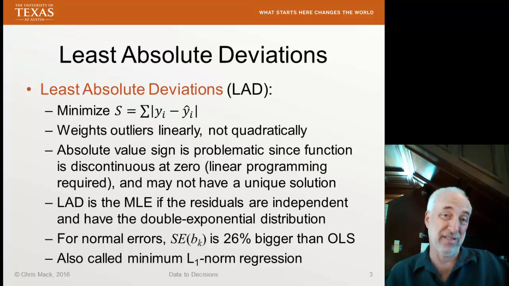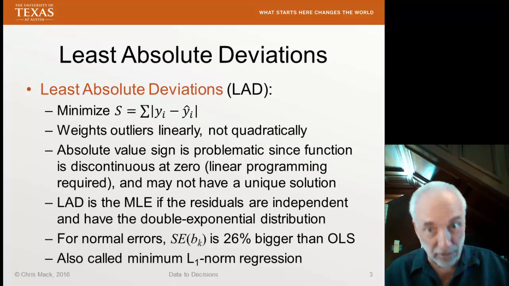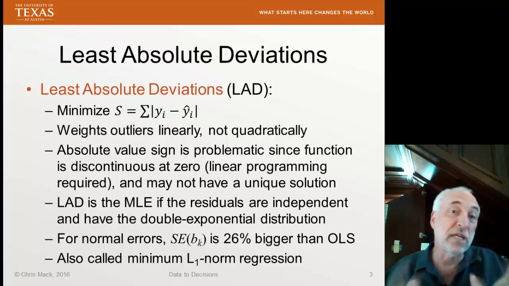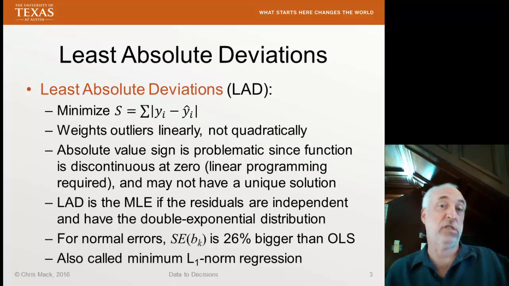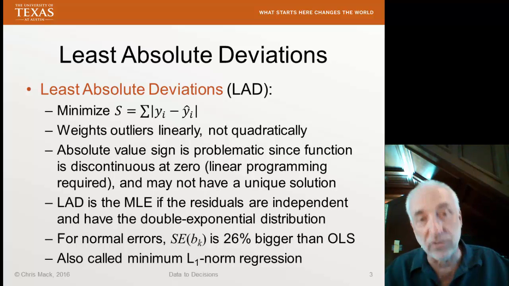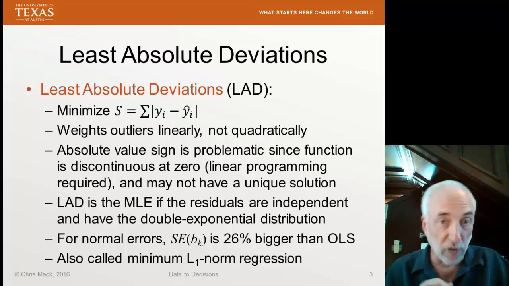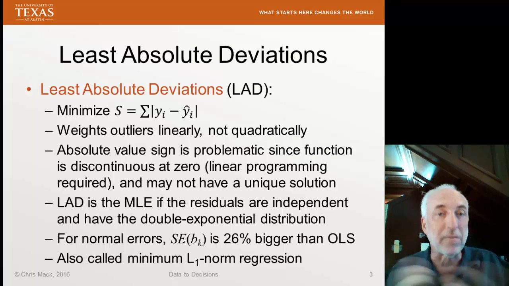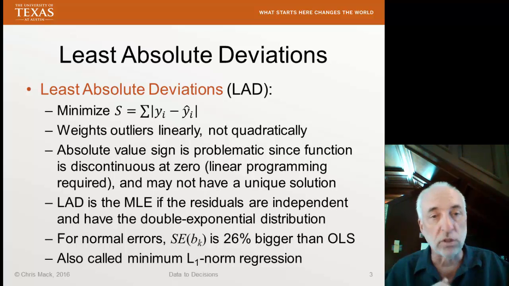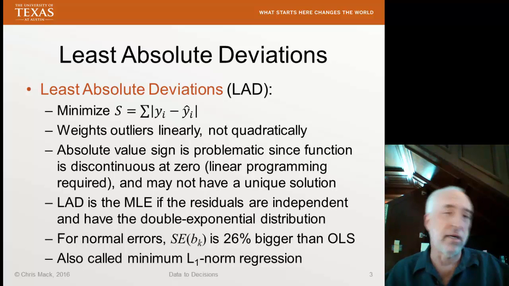One of the problems, though, is that the absolute value is a function with a discontinuity at the origin. Because of that, we can't take derivatives, and we can't set derivatives equal to 0 as a way of minimizing our function. We can't use our normal matrix approach towards minimizing S. We have to use other techniques in linear programming.